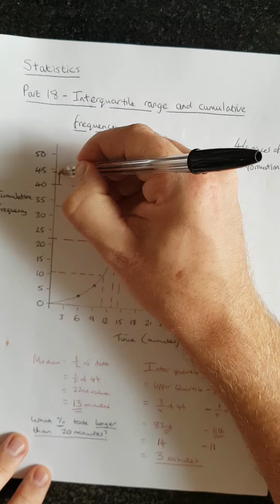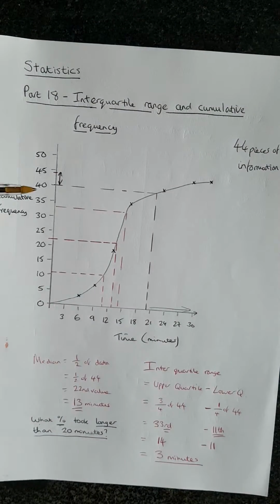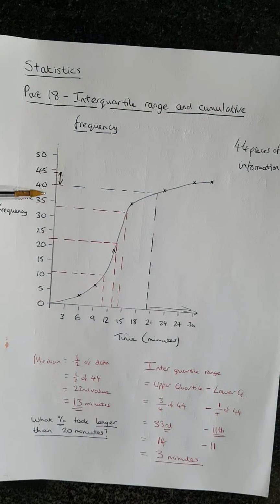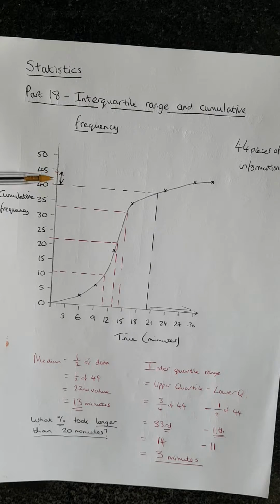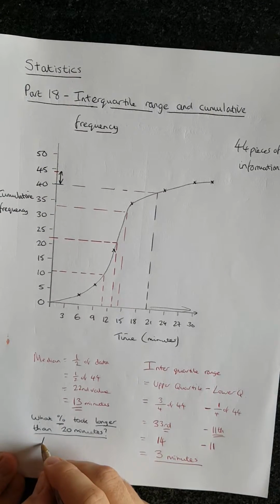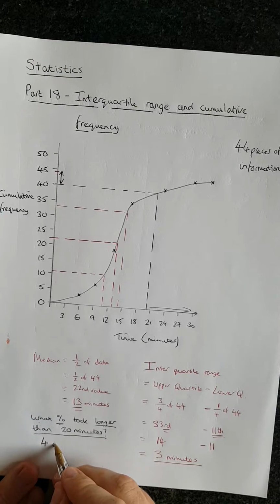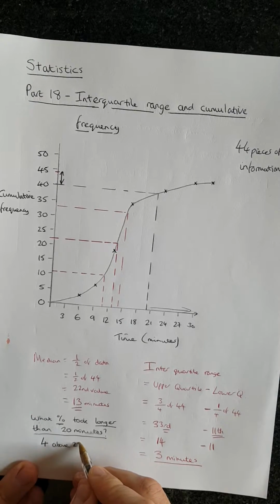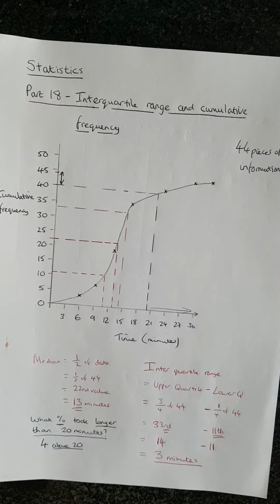So they're the ones above that line. So it's not the 40 up to here, but it's the 4 that are remaining. Okay, but that's not the answer to the question.